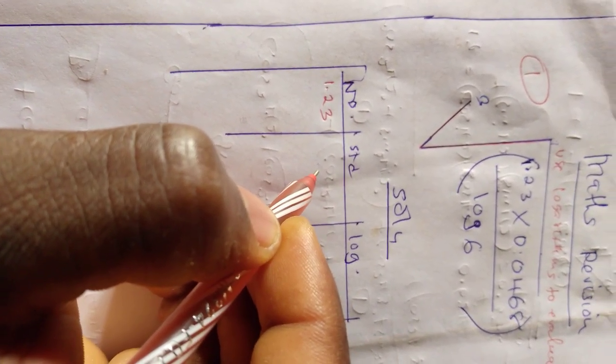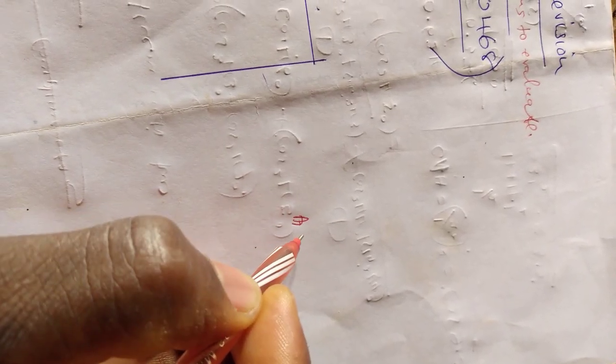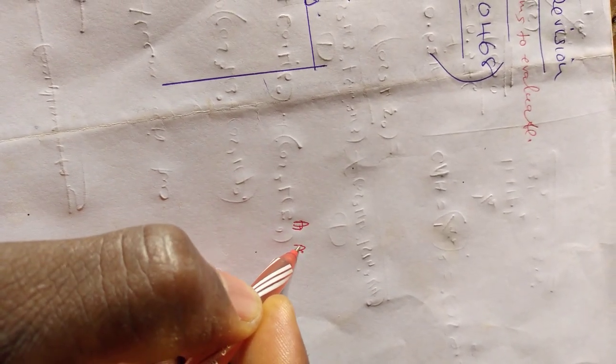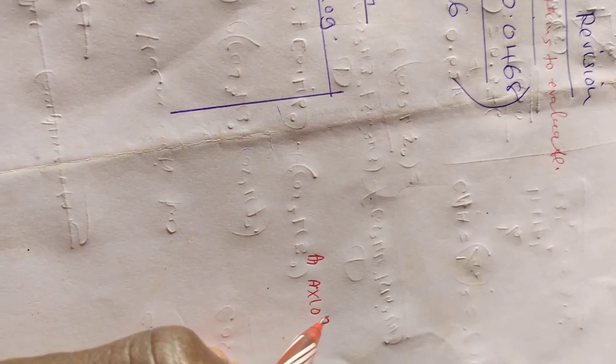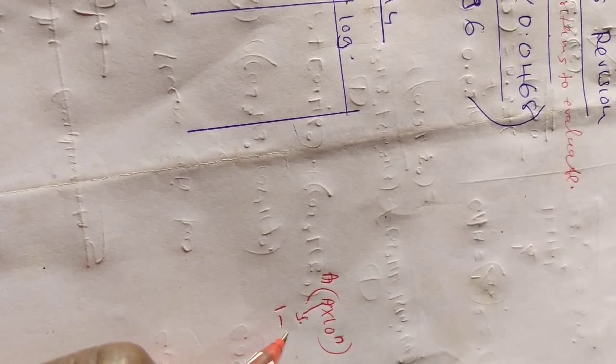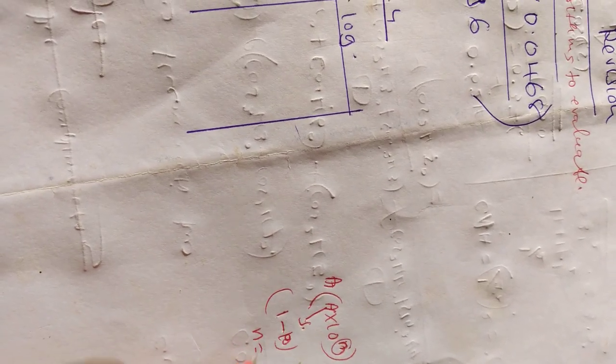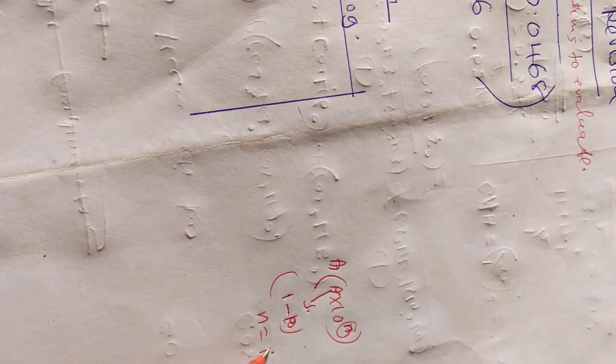Writing the number in standard form should be written in this form, that is a times 10 raised to the power of n, where a ranges from 1 to 10, and n is an integer, in the power form.